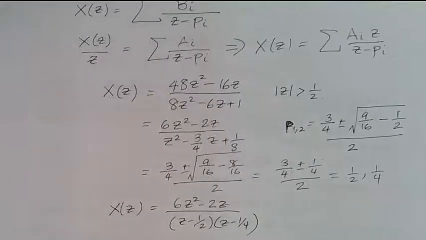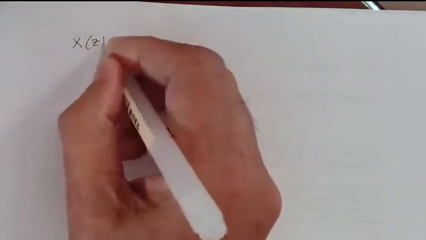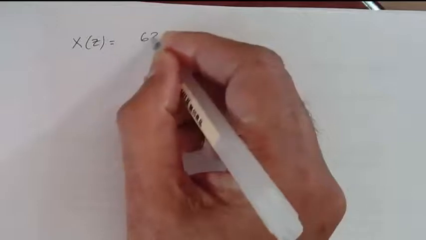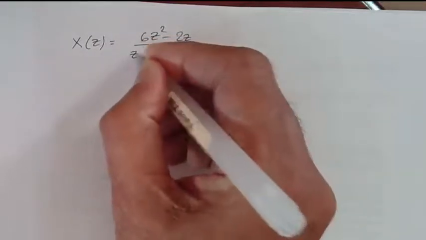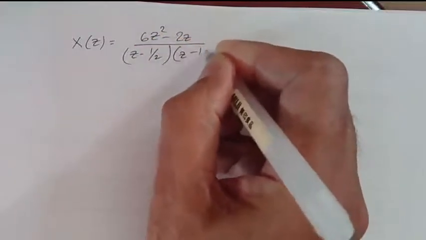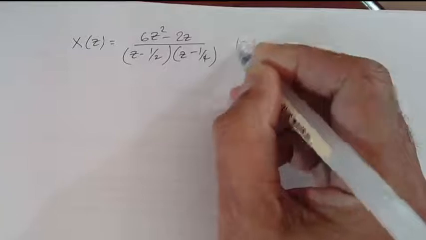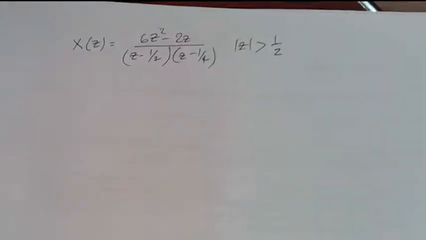Okay, so let me go to a new page, and I'll just copy this down. So X(z) is equal to 6z squared minus 2z over z minus a half, z minus a fourth, right? And magnitude of z greater than a half is my region of convergence.